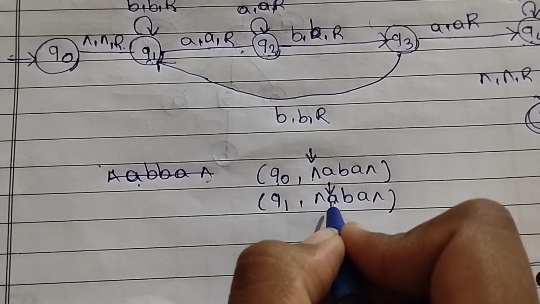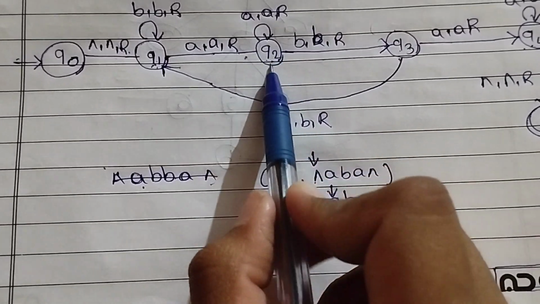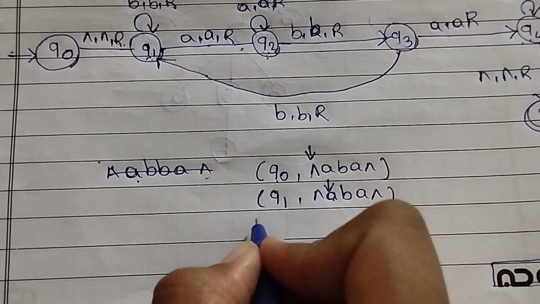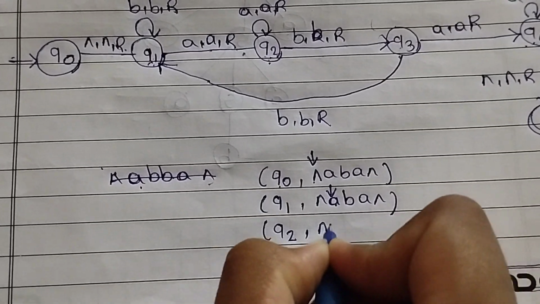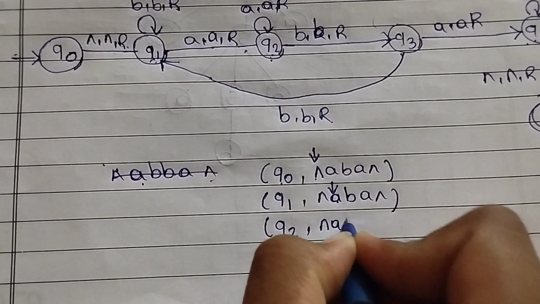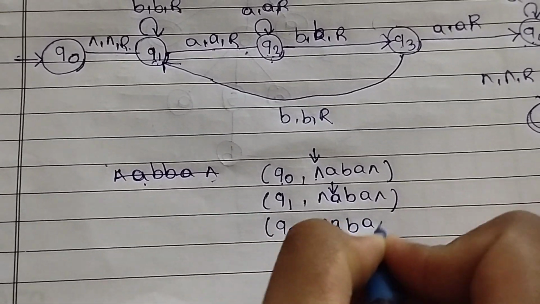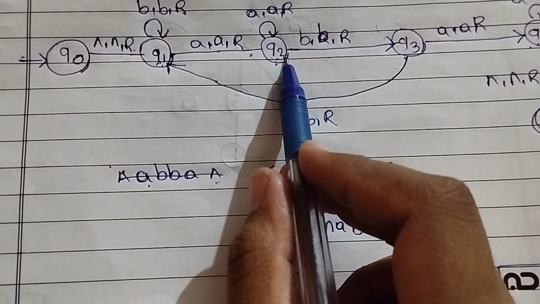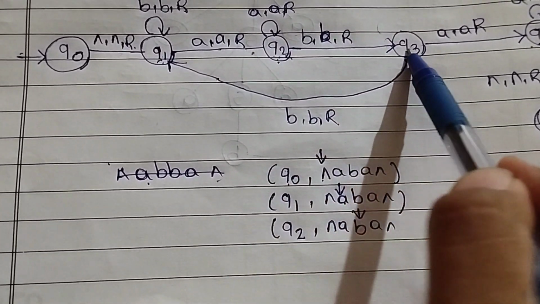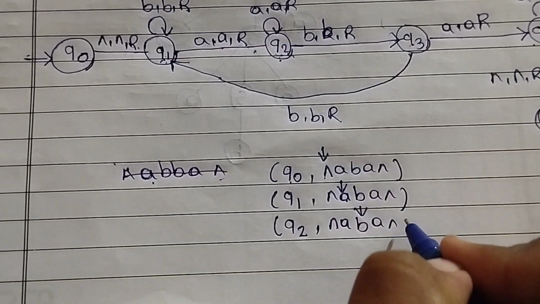Now after we read this A, we reach the Q2 state. So write here in the next step Q2. Now write the string as it is: null A B A null. Now we read this B. When we read B in the Q2 state, we reach the Q3 state.